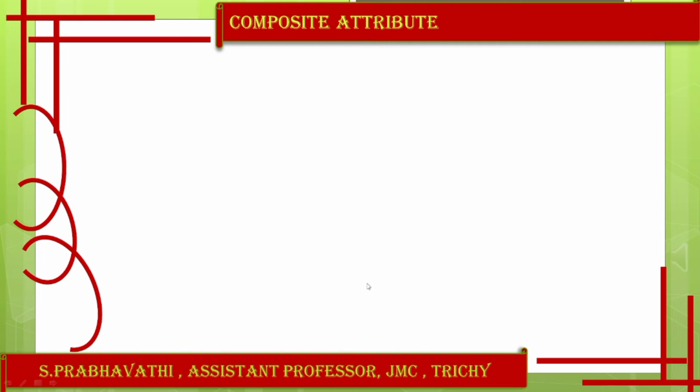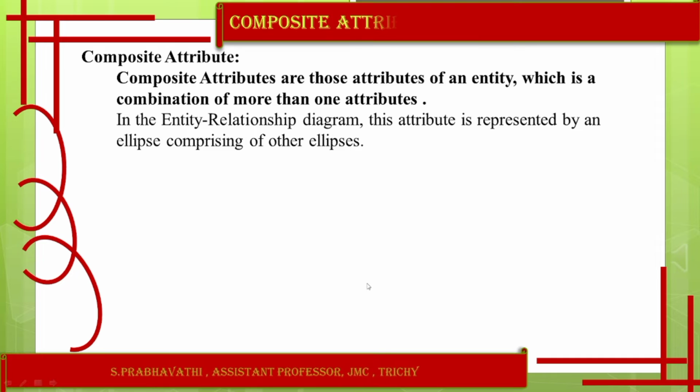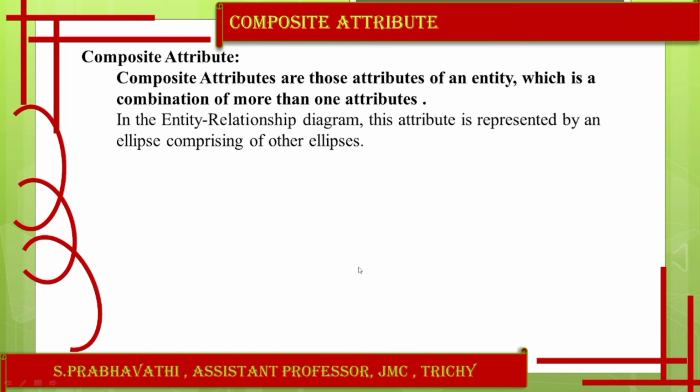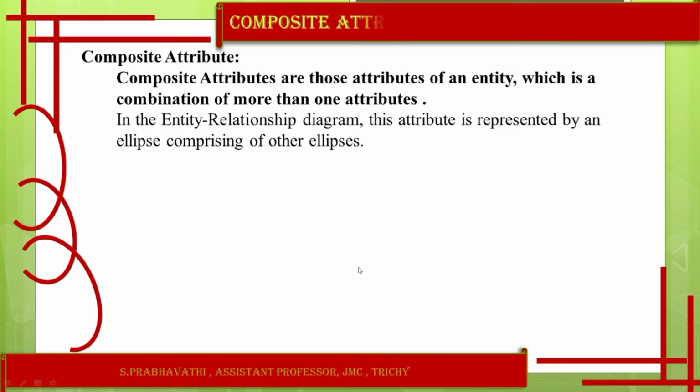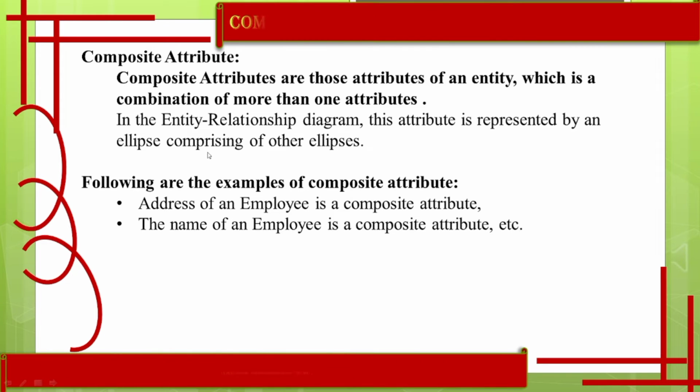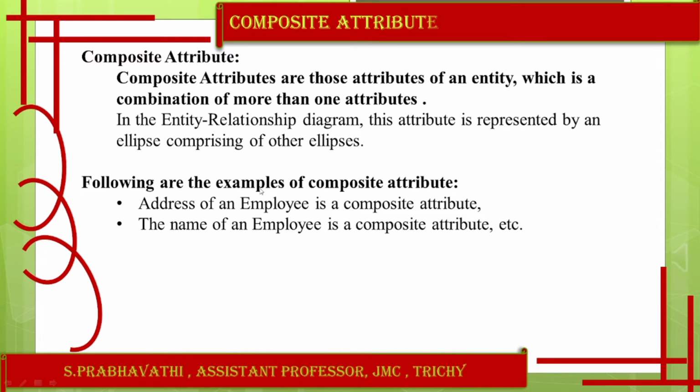Next one is the composite attribute. Composite attributes are attributes of an entity which are a combination of more than one attribute. In the ER diagram, this attribute is represented by an ellipse comprising other ellipses. The following are examples of composite attributes.